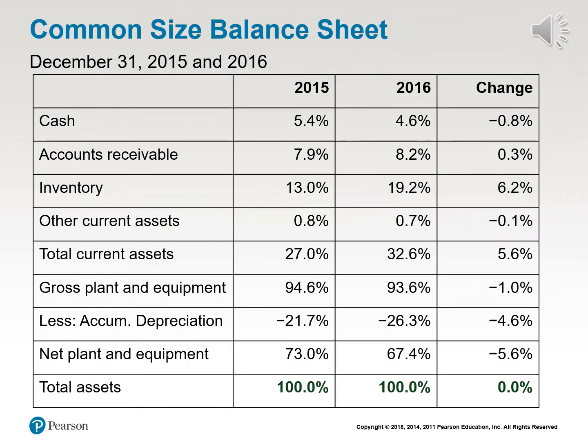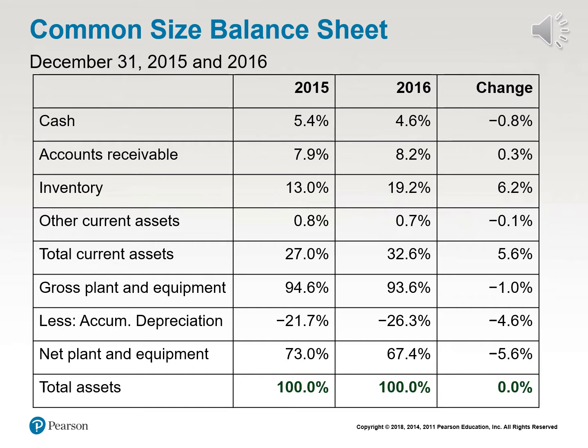This is the first page of a common size balance sheet, just the assets. As you can see in a common size balance sheet, all of the accounts are figured as a percentage of total assets. If you look at the bottom of the balance sheet of this assets section, you'll see that total assets is 100%, and all of the other account categories are calculated as a percentage of the total assets.